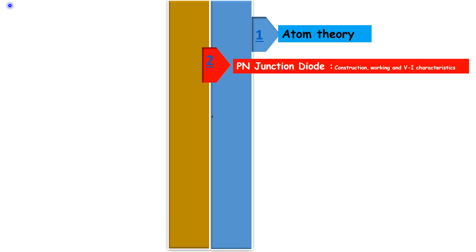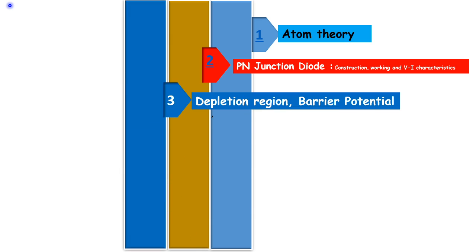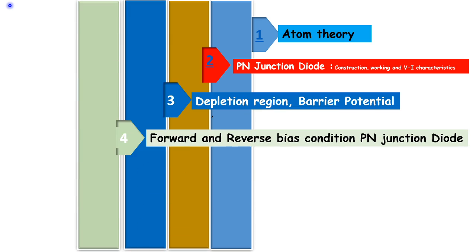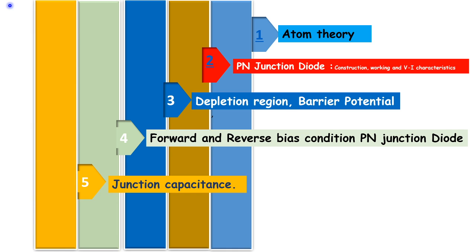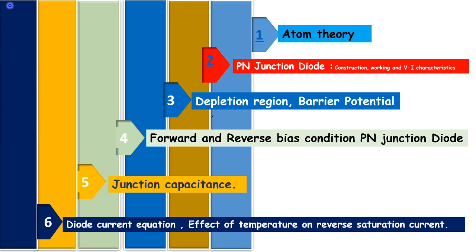Now there is PN junction diode, construction, working, and VI characteristics, depletion region, barrier potential, forward and reverse bias conditions of PN junction diode, junction capacitance, and the 6th point we are going to discuss, that is diode current equation, effect of temperature on reverse saturation current.